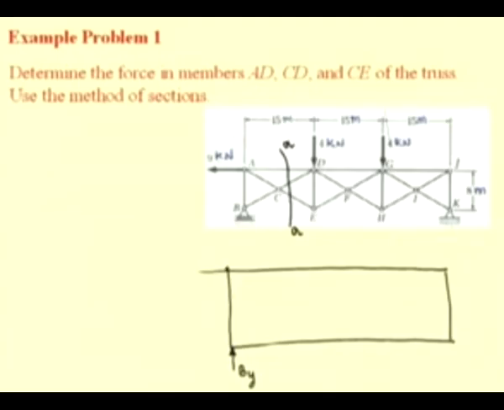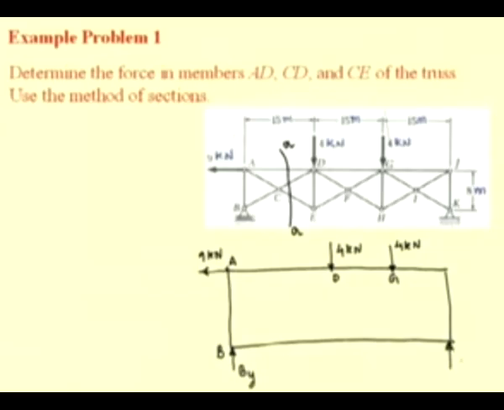We have an applied force of 9 kilonewtons at A, and we have the 4 kilonewton forces applied at D and G.